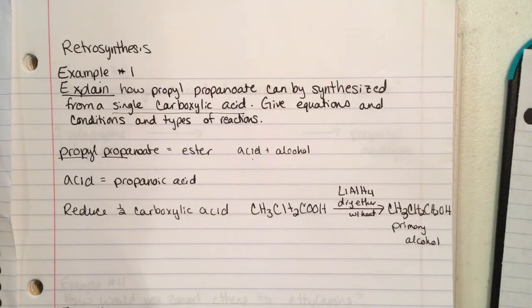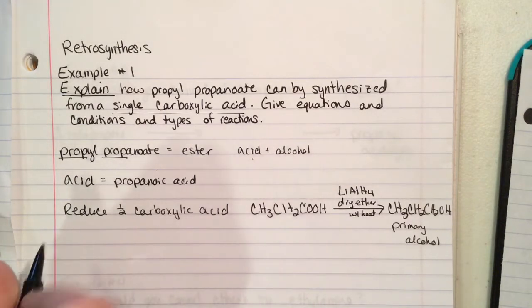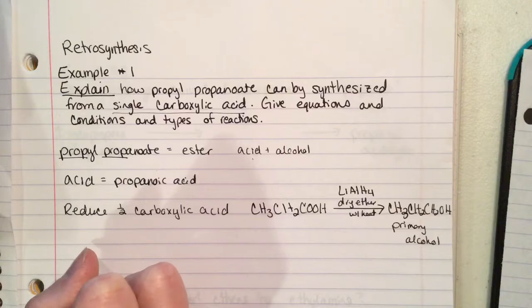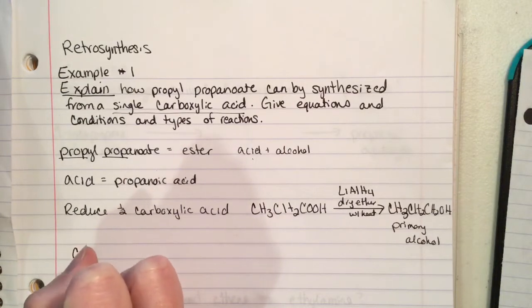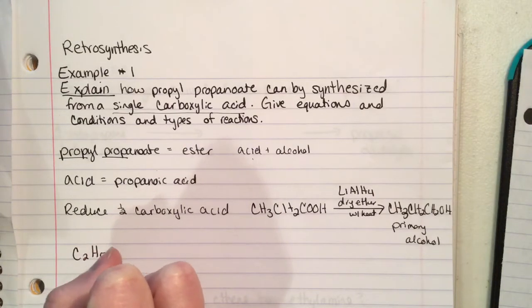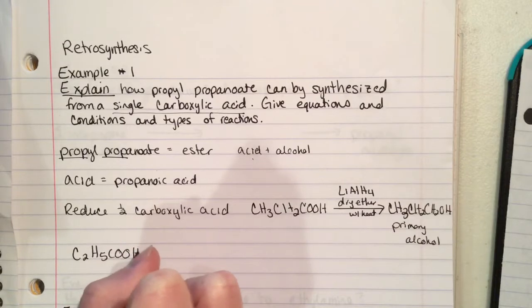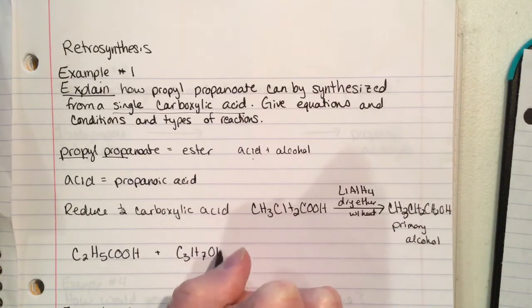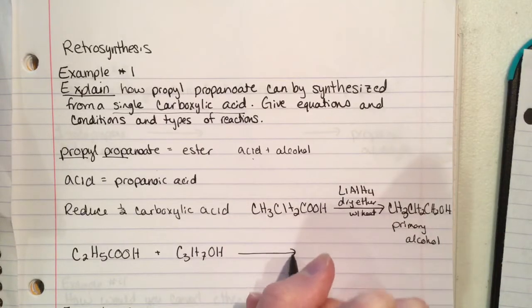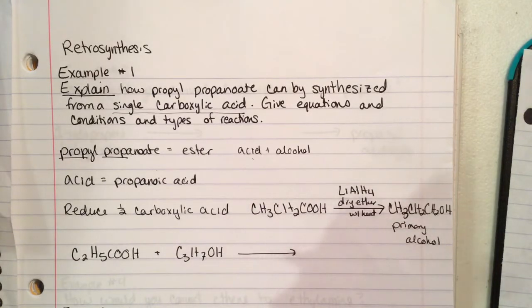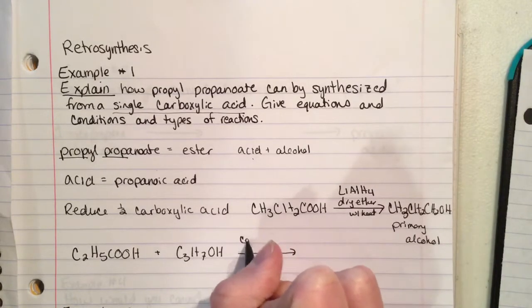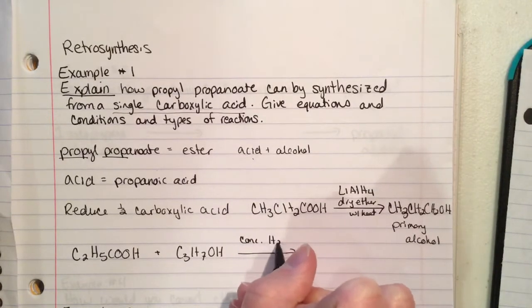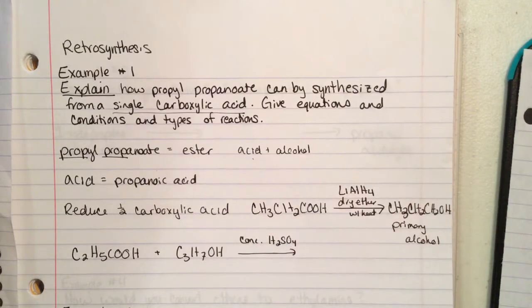So then I'm going to create a condensation reaction between the carboxylic acid and the alcohol. So my carboxylic acid and my alcohol are going to go through a condensation reaction. Well, what do I need in order to make a condensation reaction happen? I need concentrated sulfuric acid to act as my catalyst.